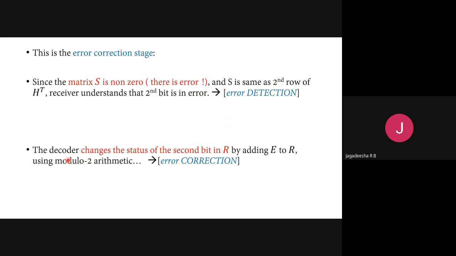Error is detected. Now the error has to be corrected. It's very simple. The decoder changes the status of the second bit in R by adding E to R. Adding means mod 2 operation.